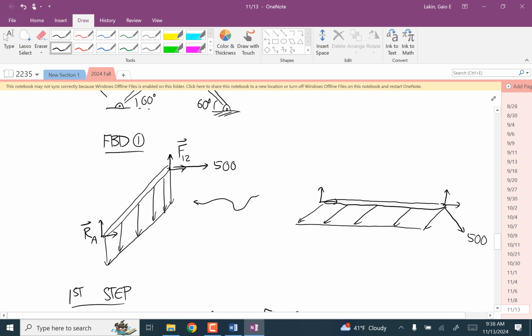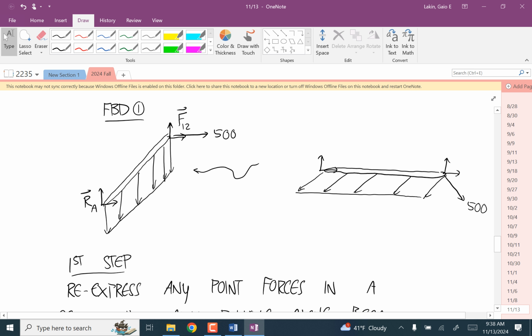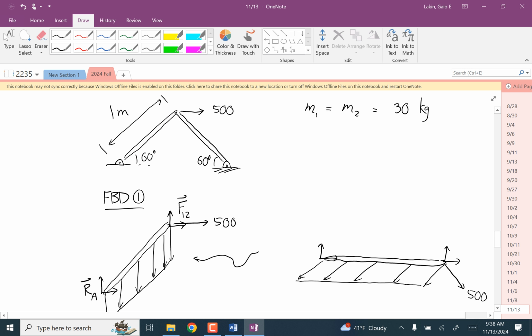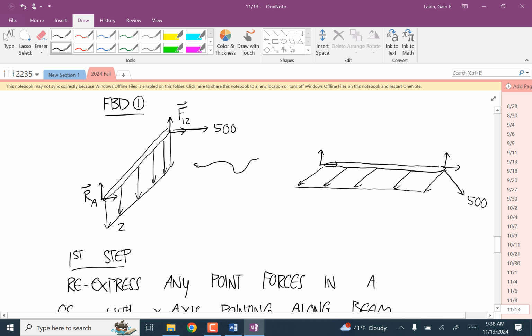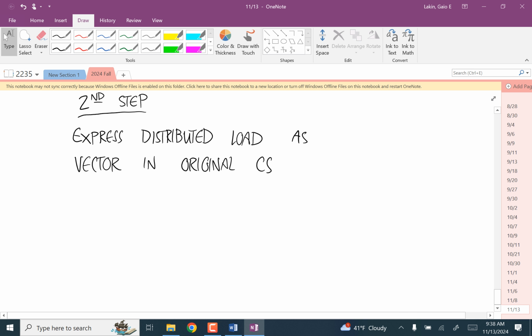But now we're going to think of this in components. In our original coordinate system, this only has negative y components. So what was the value of this? 30 kilograms, so this has a magnitude of 294.3 newtons per meter. So our Q vector as a function of x, in this case, is 0, negative 294.3.